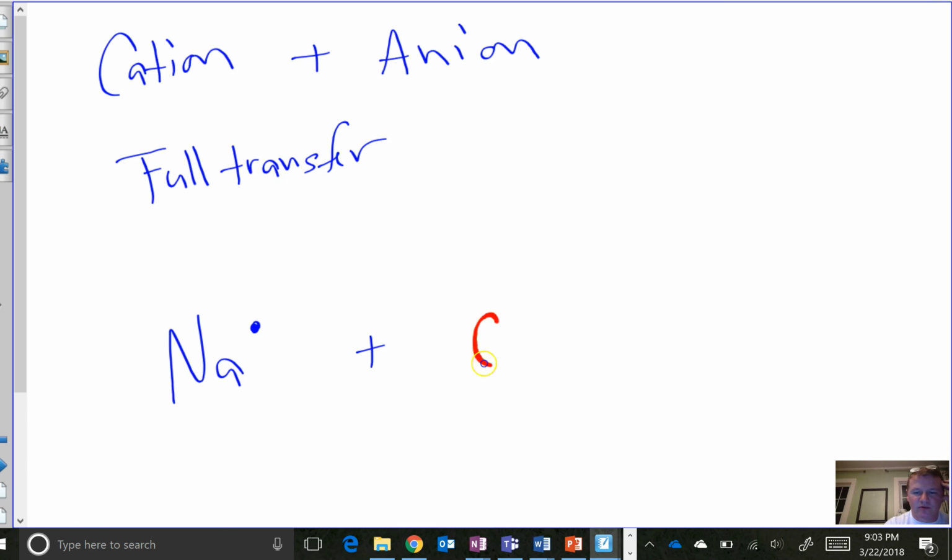So in the case of sodium and the case of chloride, remember this electron dot structure, these are valence electrons. So sodium as an atom has 1 valence electron. It doesn't like that, remember, because it wants to have 8. So it's going to give away that 1 valence electron. And in doing so, it will become positively charged by 1. Chlorine, on the other hand, really wants to have 8.